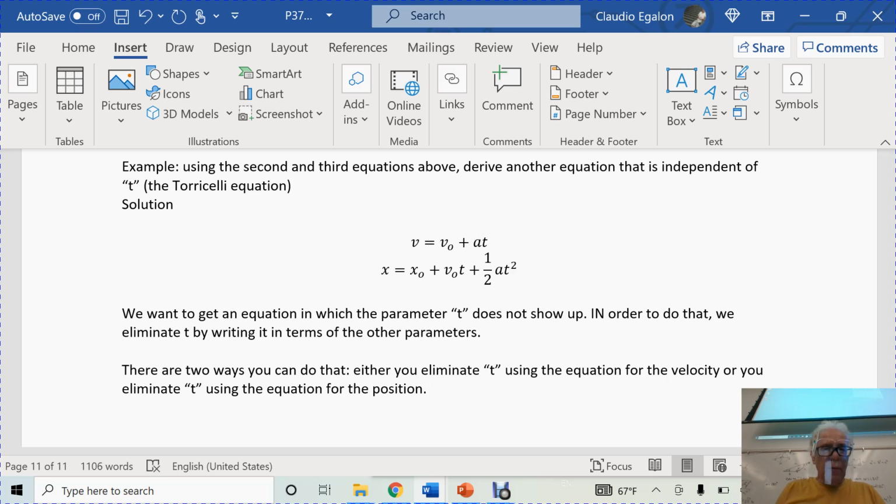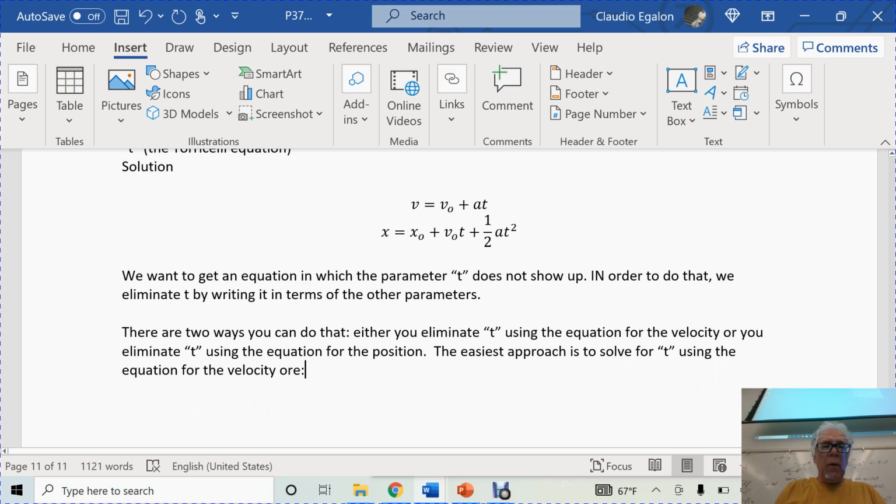You either eliminate, or the easiest approach is to solve for t using the equation for the velocity.